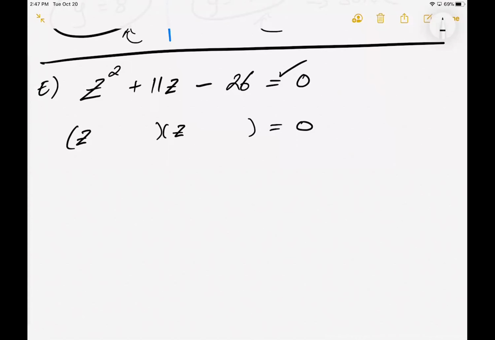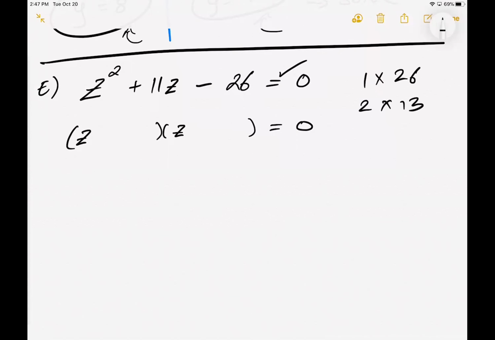Hopefully this is easy. Why do I keep on saying easy? For 26, there are only two pairs of items, meaning 1 times 26 and 2 times 13. There's no other pair of numbers that multiply to give you 26. Agree?